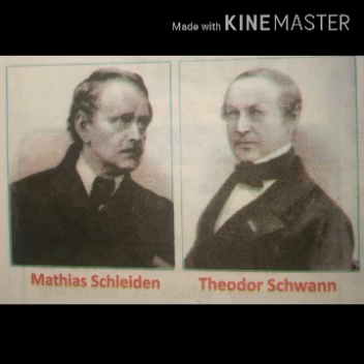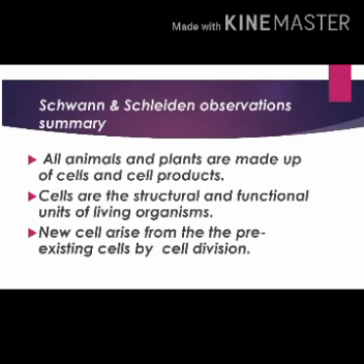Schwann and Schleiden were 2 scientists who summarized their observations into 3 conclusions about the cells. Okay, now here we have Schwann and Schleiden's observations summarized into 3 conclusions about cells. First one is that all animals and plants are made up of cells and cell products.